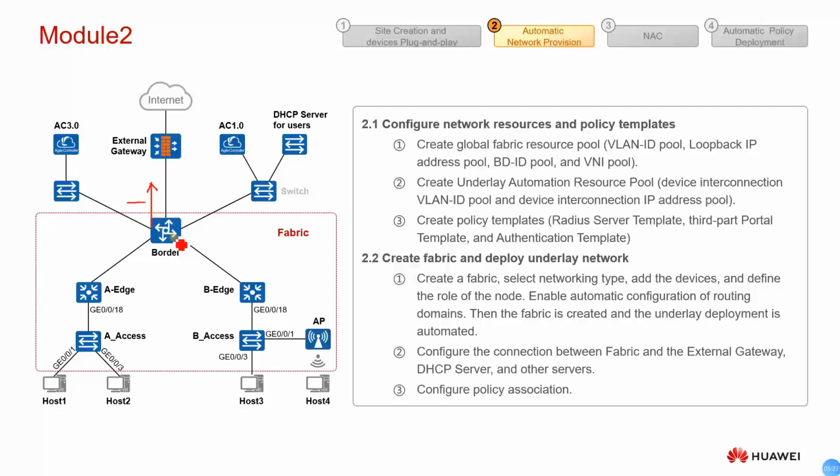And the external network we define here also defines the outgoing interface and the next hop of the device, the IP address.